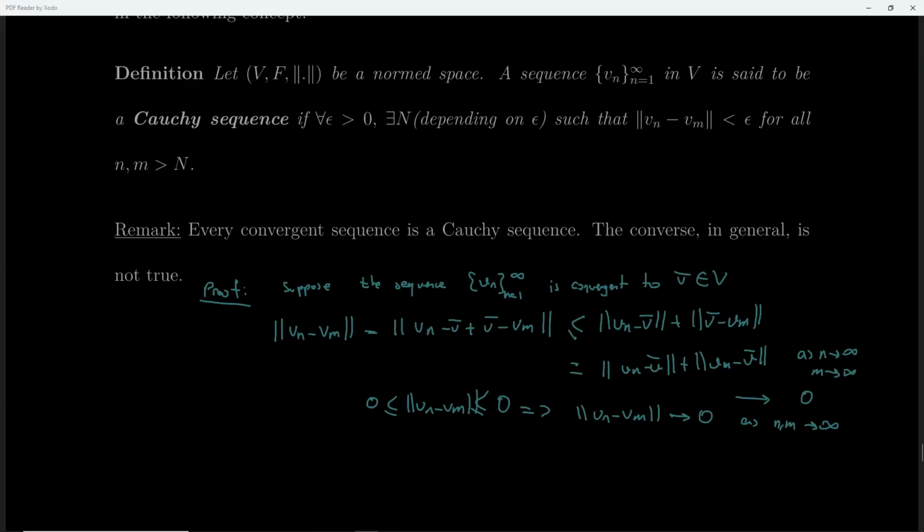And I see that those two non-negative terms are going to zero as n and m go to infinity. The first non-negative term goes to zero. The second non-negative term goes to zero. So their sum goes to zero, right? And notice that their sum was our upper bound for the difference of Vn minus Vm.